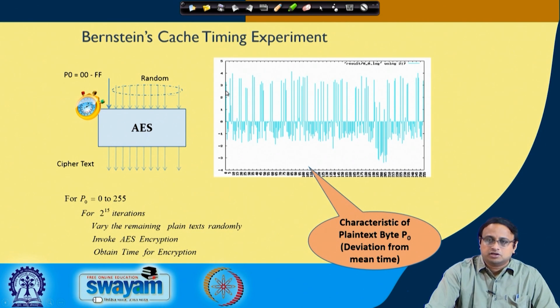Then I fix P0 to all the 256 values, and obtain this graph, which is called the timing characteristic of the 0th byte.